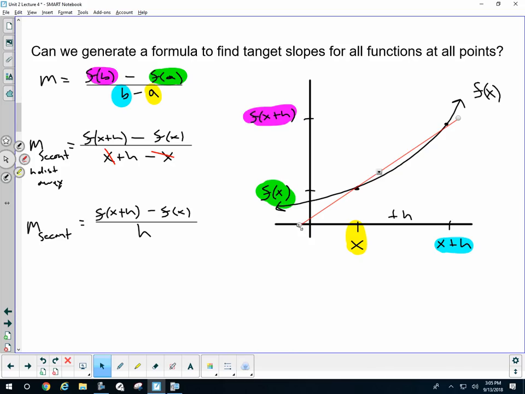But I can change something about this situation with the 2 points so that I can develop a tangent line at x. What can we do with this situation with these 2 points? Manipulate it so that all of a sudden you're like, oh, yeah, that looks like a tangent. Discuss that with your neighbors.